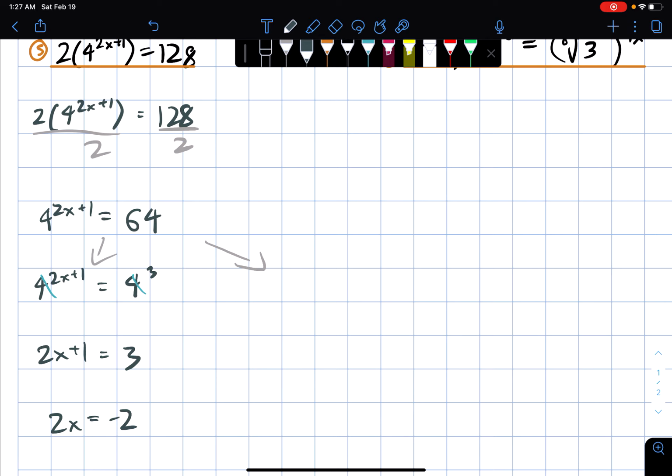So we have 4 raised to 2x plus 1. We turn the base into 2. So 2 raised to 2 times the quantity 2x plus 1, which is equivalent to 4x plus 2, is equal to 2 raised to 4, I think. Hang on. I'm sorry. 2 raised to 6.